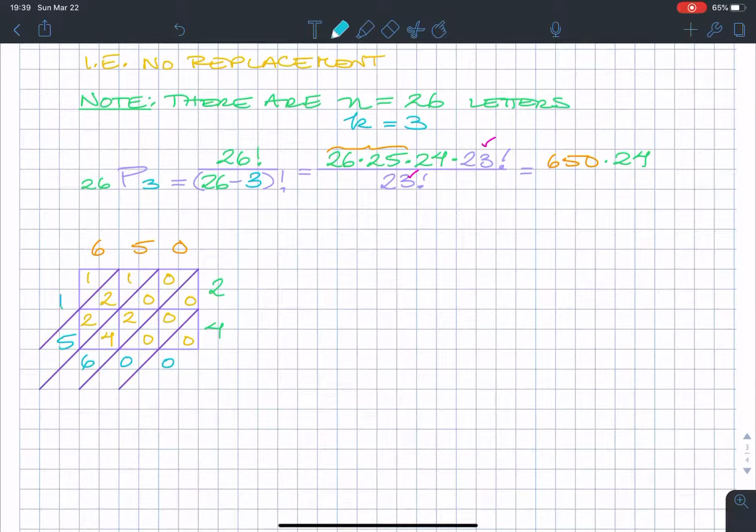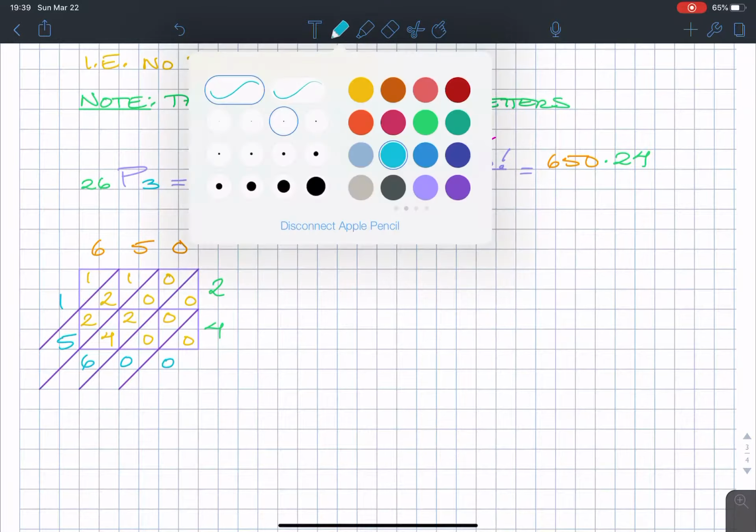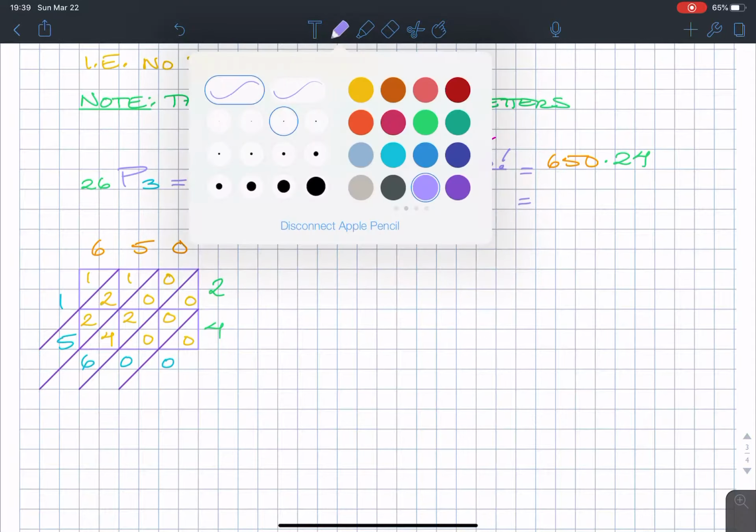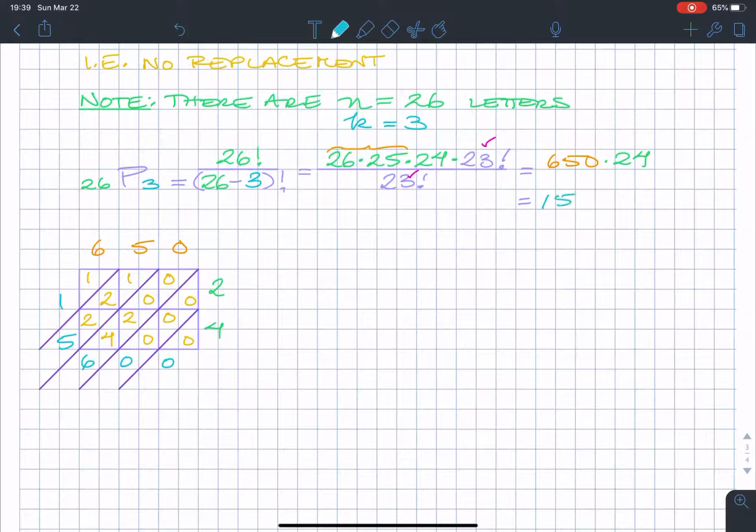And then 1. So when all is said and done, this product is 15,600. Okay, that's a lot. Plenty of passwords.